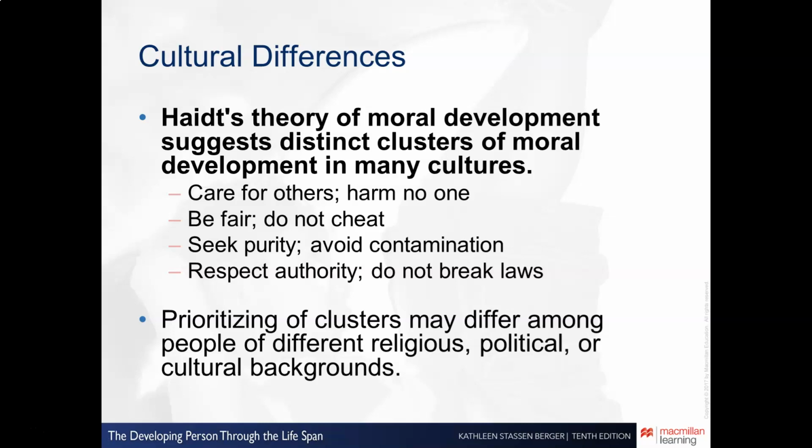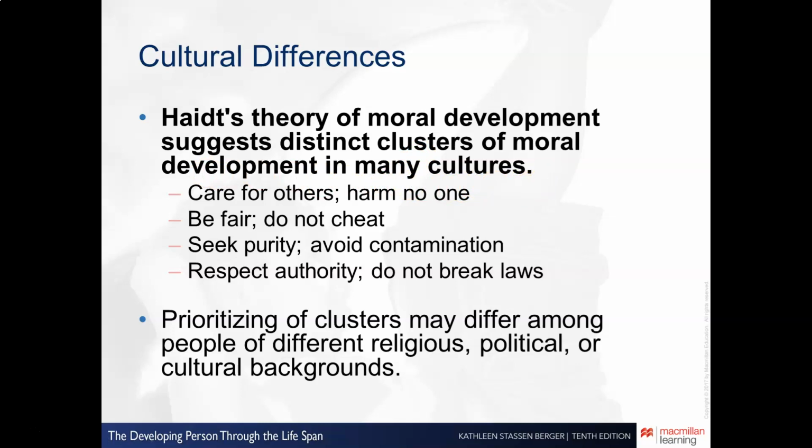Okay, now this researcher right here, named Haidt, you don't have to memorize this, but I wanted to make you aware that this researcher's theory of moral development suggests more distinct clusters of moral development that occur in a lot of cultures.